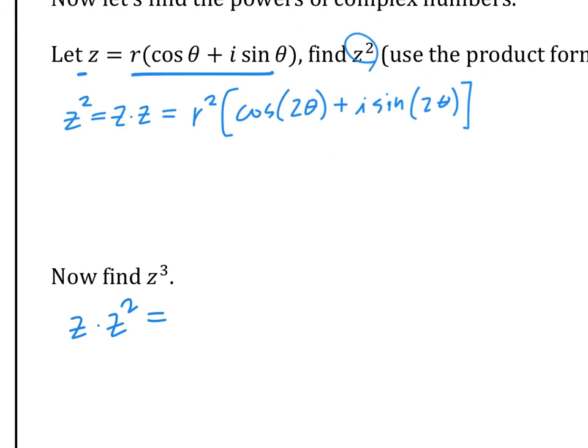So this becomes r from the first one, r squared from the z squared, so this is r cubed. Are you guys with me? And then cosine of the two angles added together. From z, the angle is theta. From z squared, it's 2 theta. So you add it together, you get 3 theta. Okay, 3 theta plus I sine 3 theta.